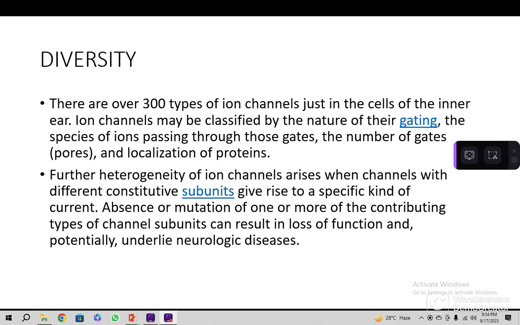Further heterogeneity of channels arises when channels with different constituent subunits give rise to specific kinds of current. There are subunits inside the channel, and they give rise to specific types of current, which we feel working differently in different parts of the body, such as the epithelial surfaces. They depend upon the specific kind of current raised by the subunits of the channel.